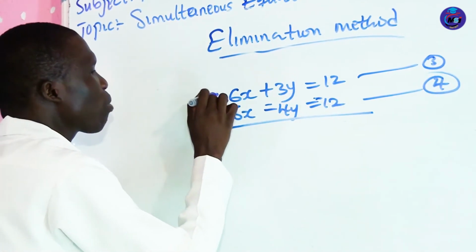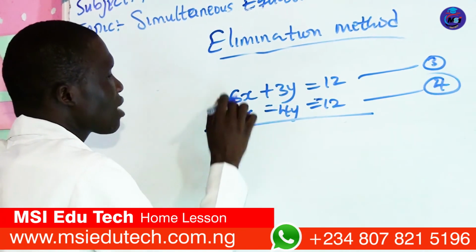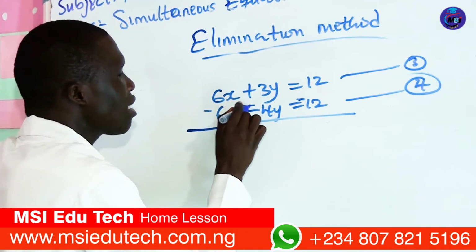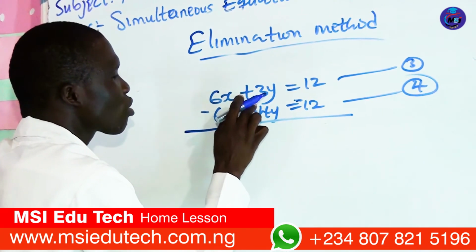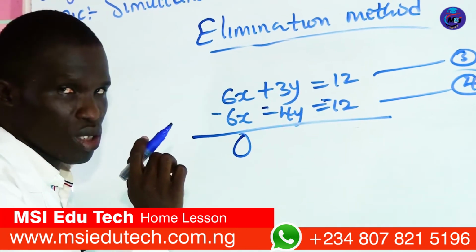Okay, there is plus here. 6x minus 6x will give us 0. This is minus. It's not equals to, it's minus. Minus times minus will give us plus.